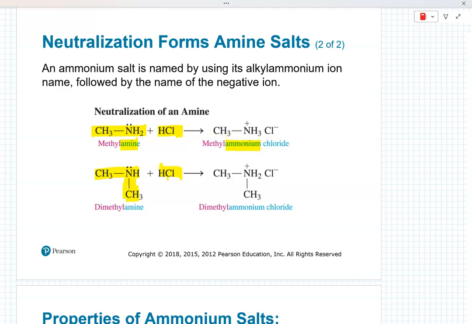So methylamine becomes methyl ammonium chloride. Dimethylamine becomes dimethyl ammonium chloride. So far, so good?